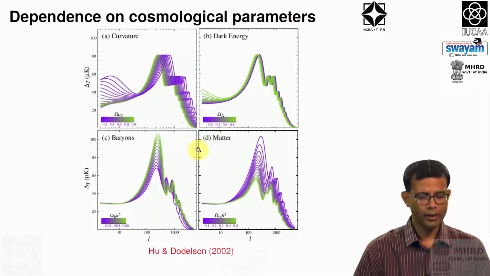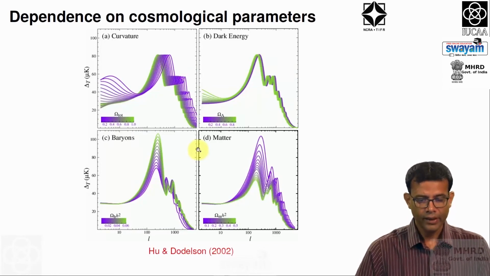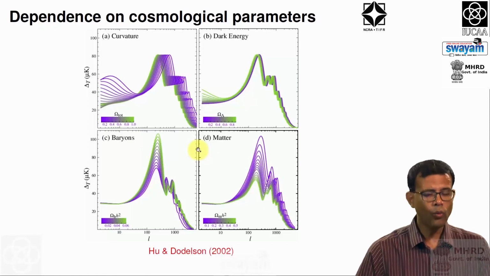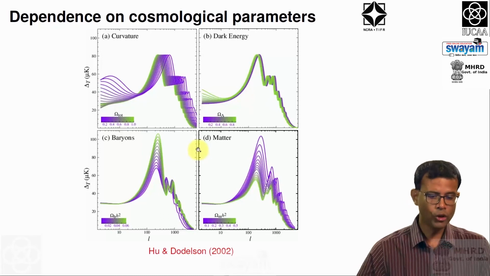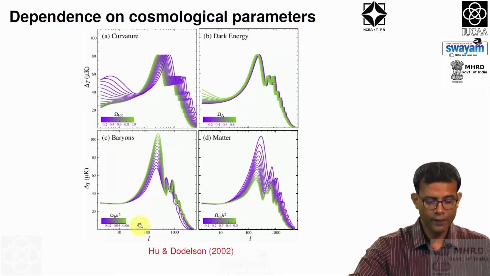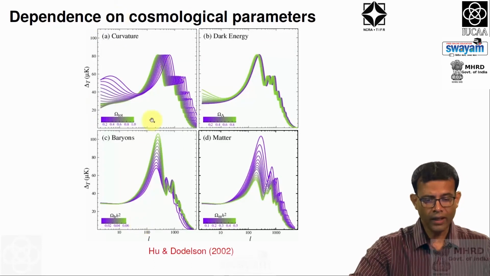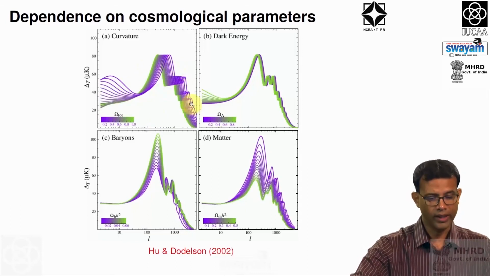Now, the importance of studying CMB anisotropies, or these CLs, is that these CLs are quite sensitive to cosmological parameters, and that has been shown here. So, these are plots of CL versus L, and in each panel only one of the cosmological parameters is varied and the corresponding curves plotted.